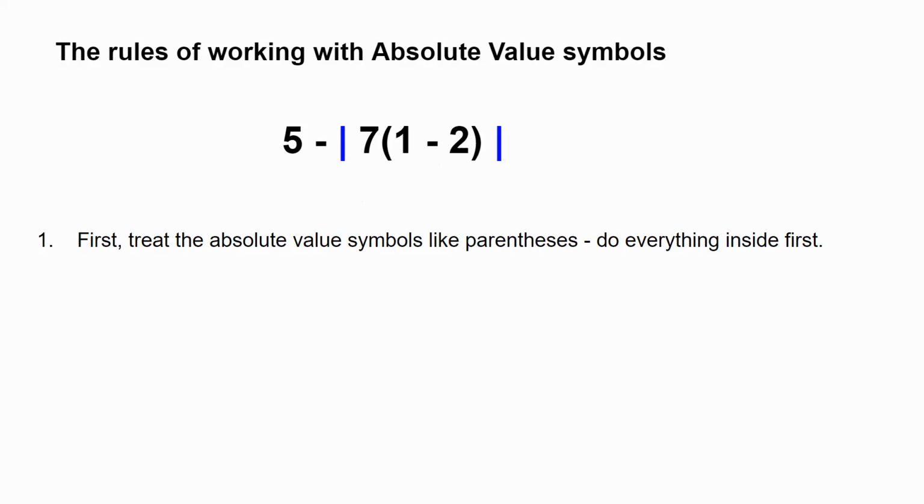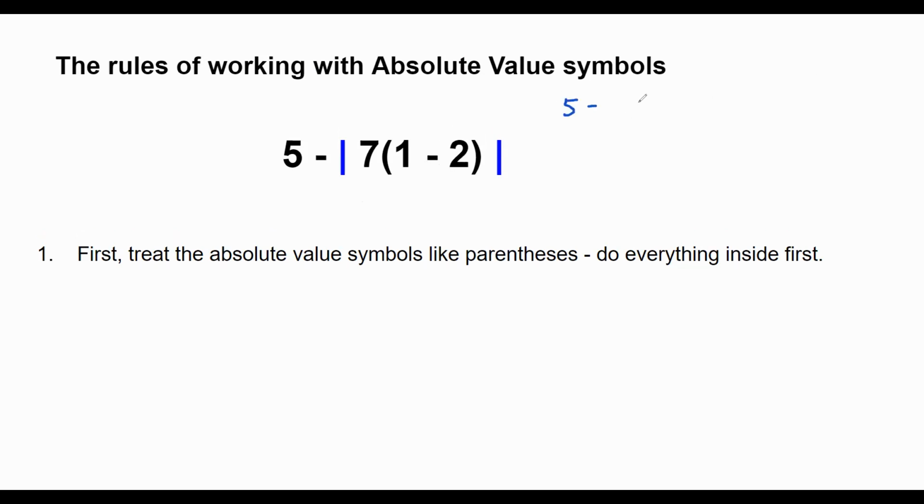Our first step of simplification might look like this: 5 minus the absolute value of 7 times 1 minus 2, which is minus 1. So inside our absolute value, we have 7 times minus 1. Now let's do that multiplication. That gives us 5 minus the absolute value of negative 7.